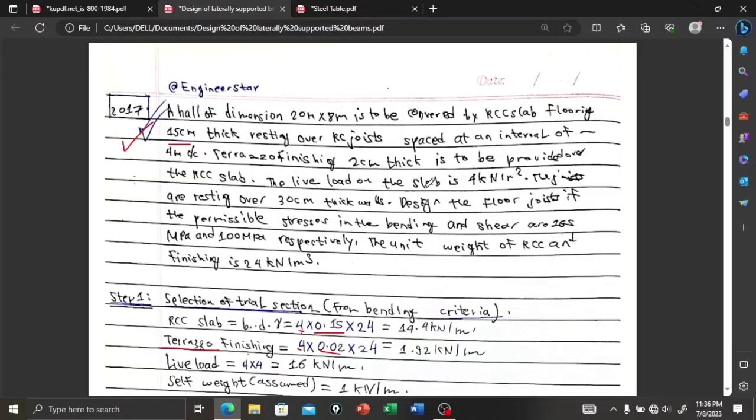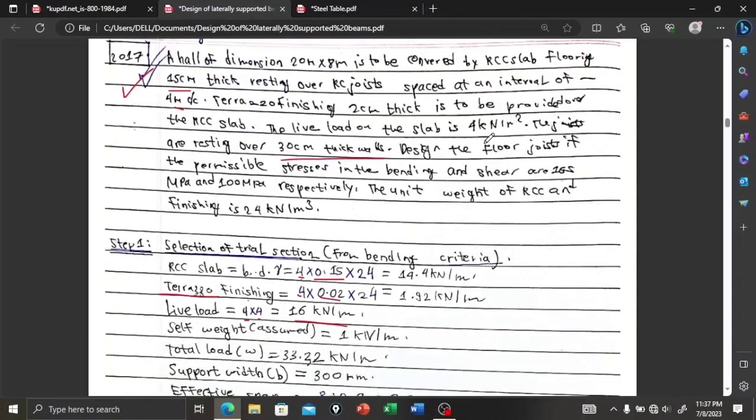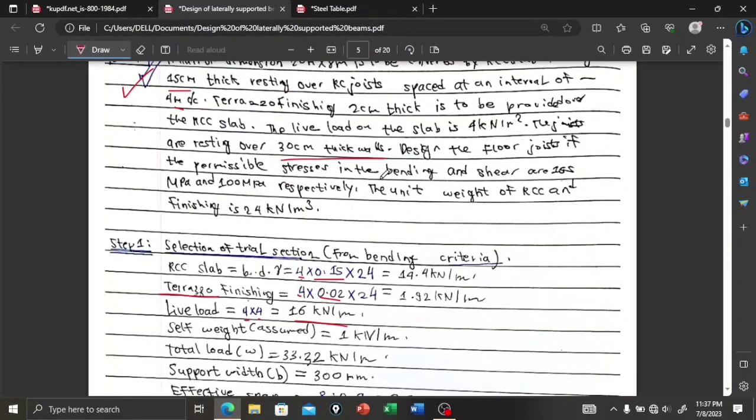The live load on the slab is 4 kilonewton per meter square, and spacing 4, so 4 into 4 is 16 kilonewton per meter. The joists are resting over 300 centimeter thick walls. Design the floor joist if the permissible stress in bending is 165 and shear is 100 megapascal. The unit weight of RCC and finishing is 24.